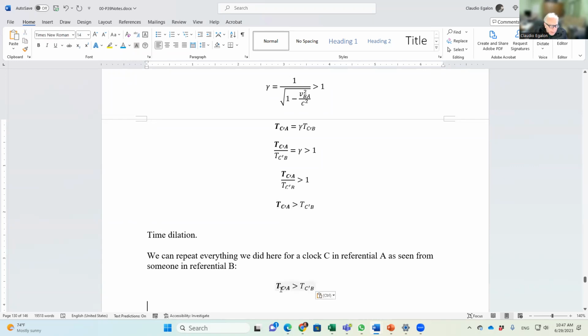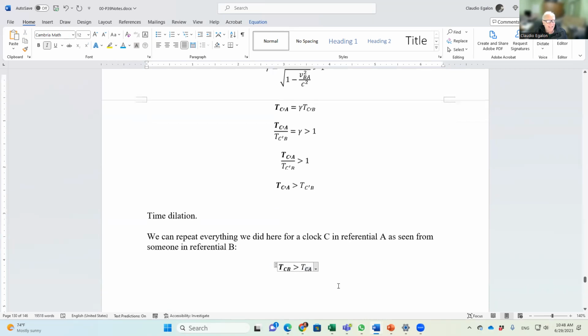We find that the period of clock C with respect to referential B is going to be greater than the period of clock C with respect to referential A.